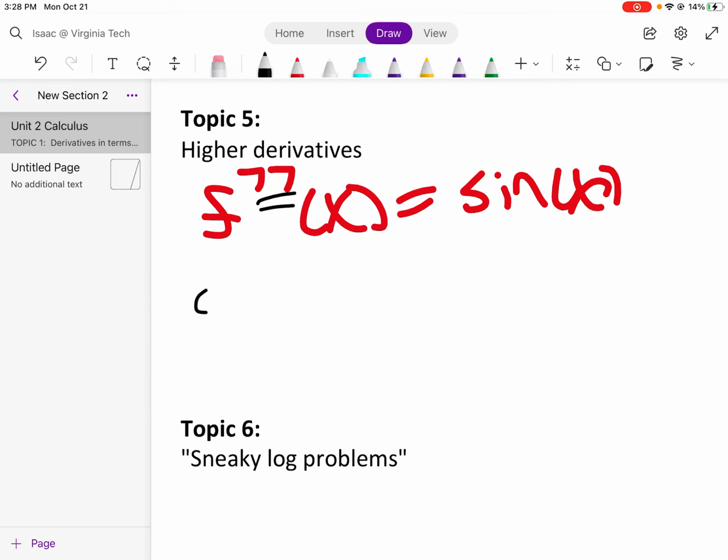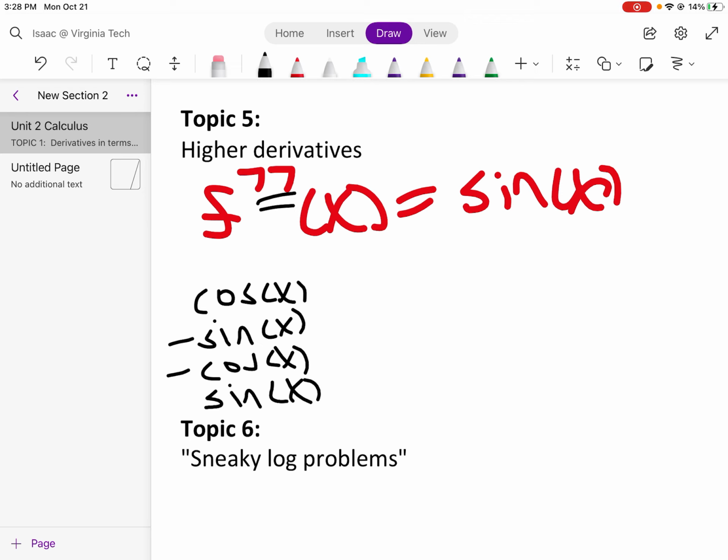So the first derivative we know is cosine x. Well, we know the derivative of cosine x is negative sine of x. The derivative of that is negative cosine x. The derivative of that is sine x again. So this was the first time we took the derivative, the second, the third, the fourth. And by the fourth, we're back to where we started.